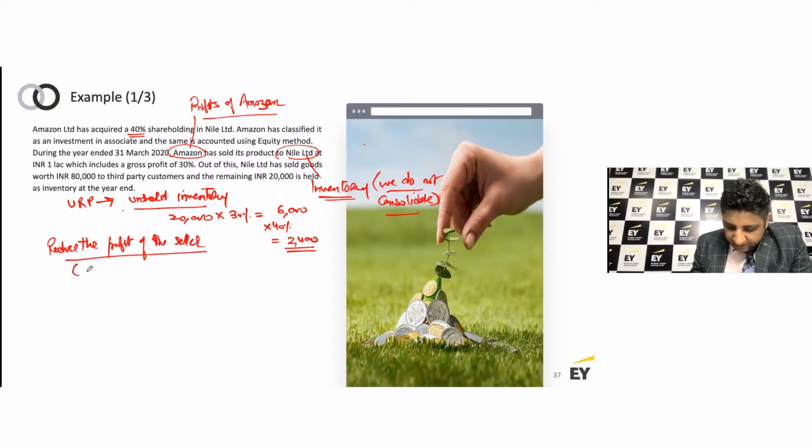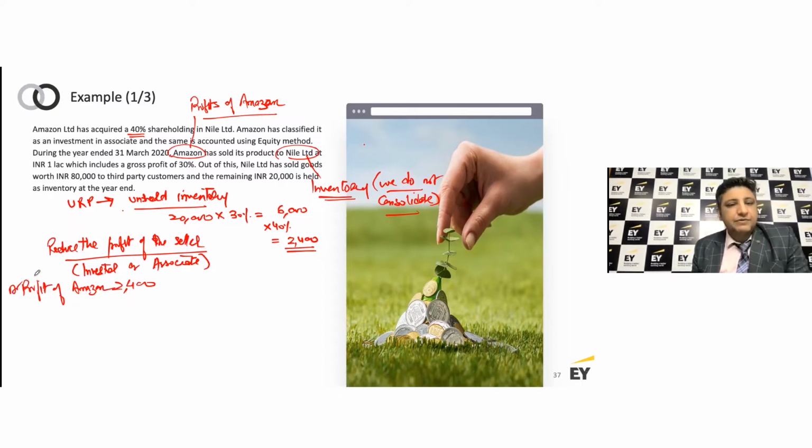It does not matter whether it is the investor or associate. It does not make a difference at all. So to the extent of 2,400, profits of Amazon will get reduced. So we said debit profit of Amazon, right? In the books of Amazon Limited, the profits will be reduced.